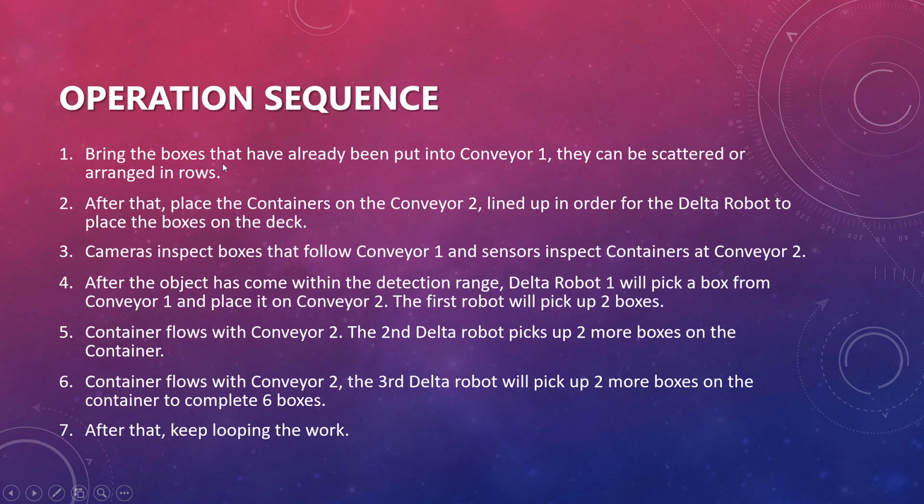Operation sequence. Step 1. Bring the boxes that have already been pulled into conveyor 1. They can be scattered or arranged in rows. Step 2.